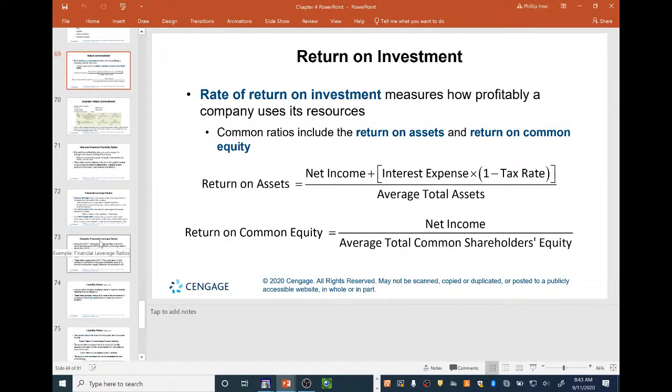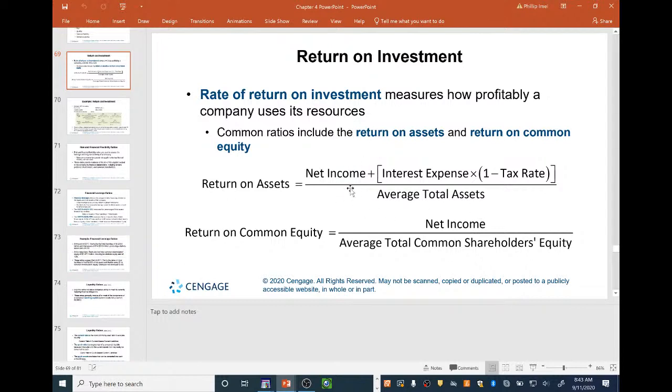This is the rate of return on investment. It's going to measure how profitable a company is in using its resources. Return on assets or return on common equity. Return on assets is going to be this formula here.